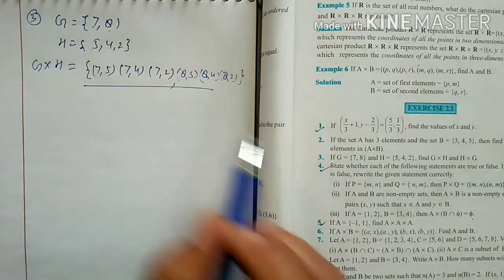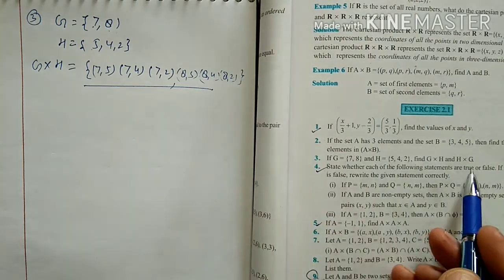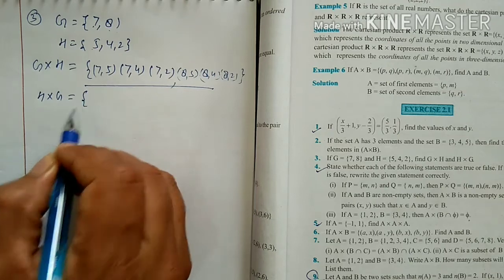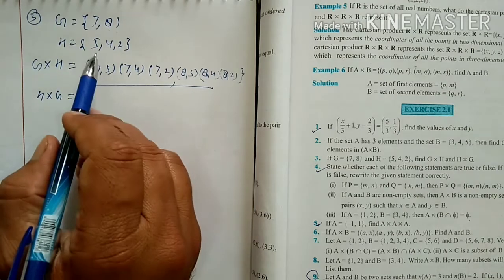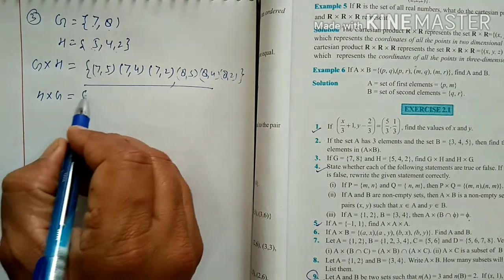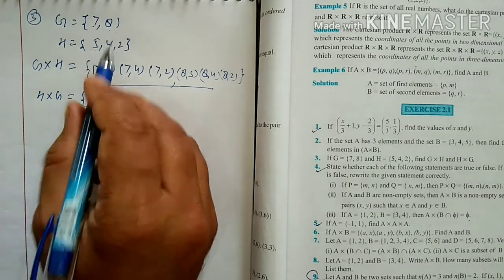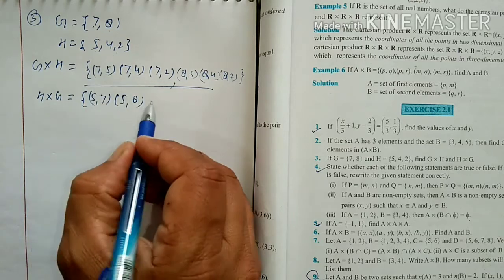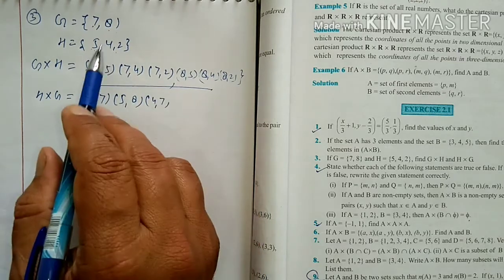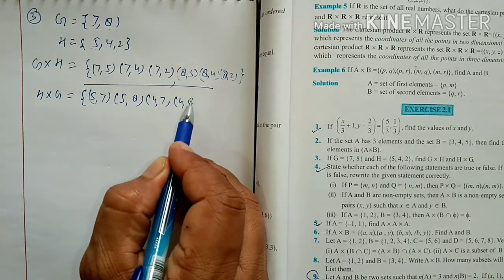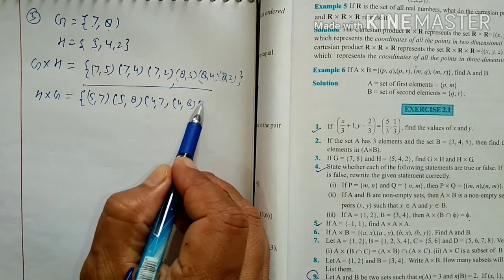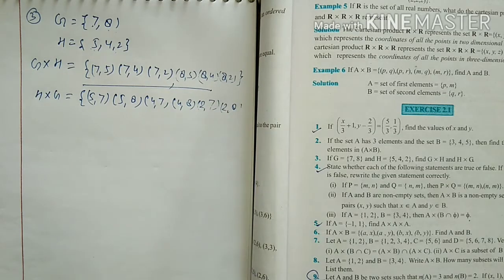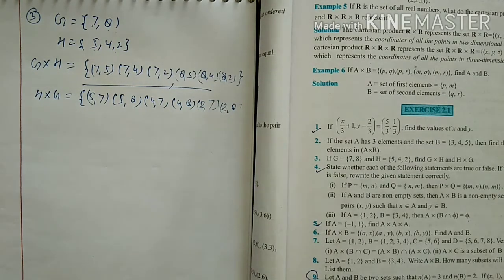Next I have to find H cross G. First we write (5, 7), (5, 8), (4, 7), (4, 8), (2, 7) and (2, 8). This is the Cartesian product. Clear?